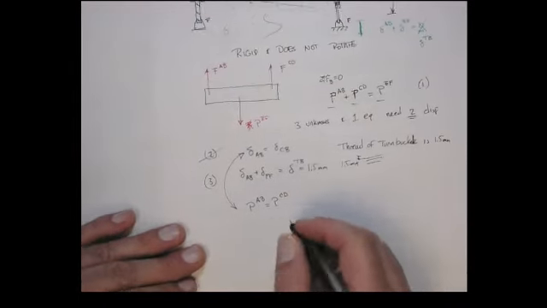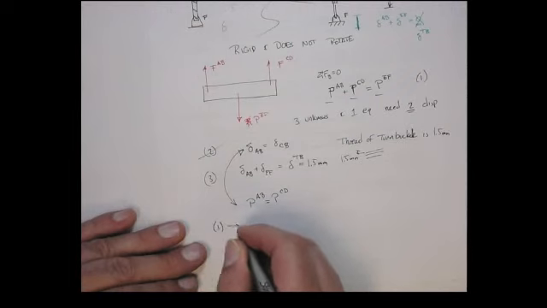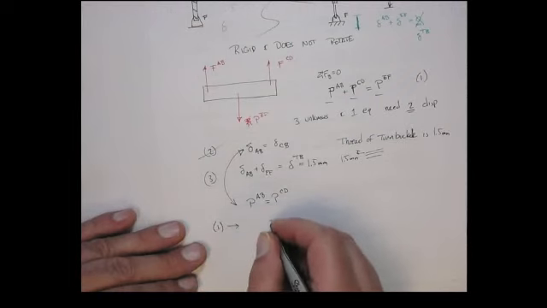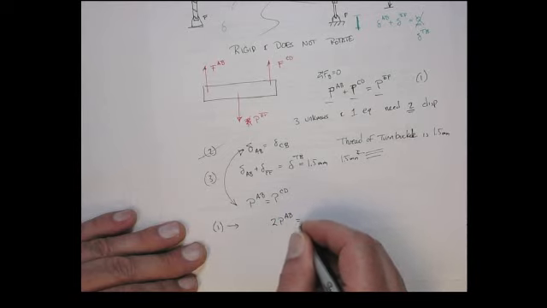So we'll recast this. So now the first equation, equation 1, now becomes 2 times PAB equals PEF.